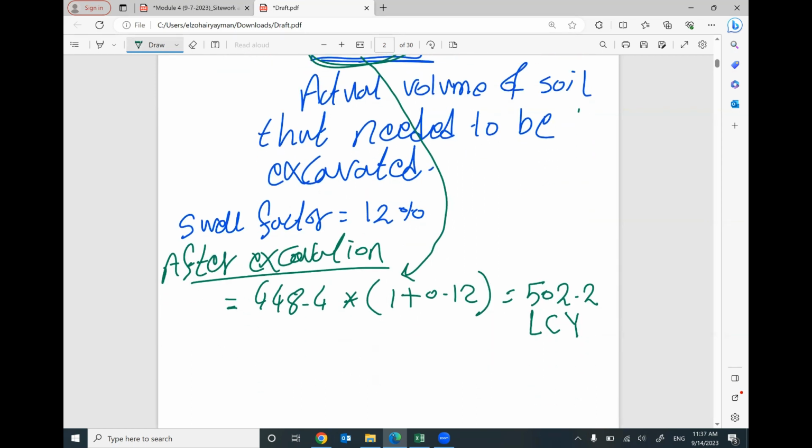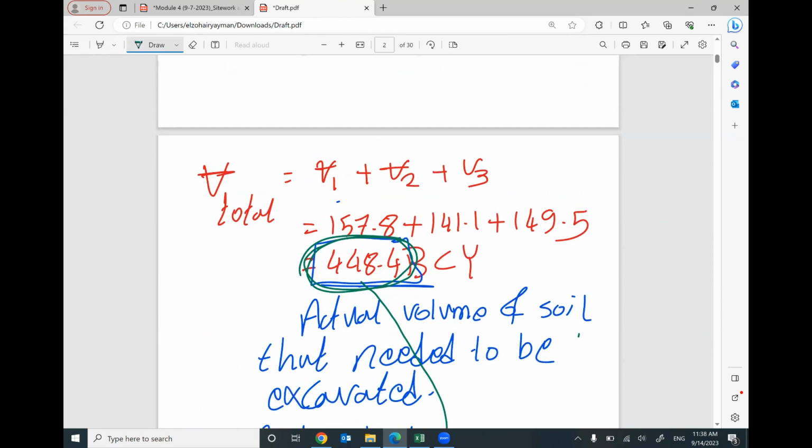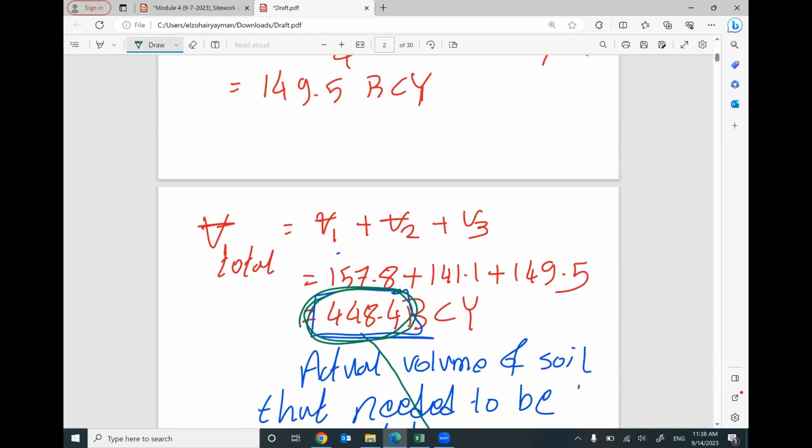So if you are working on trucks that will remove the soil from the site to a different location, the trucks will use this number to be removed. Does that make sense? So keep in your mind, based on your calculation, the final volume is bank cubic yard.